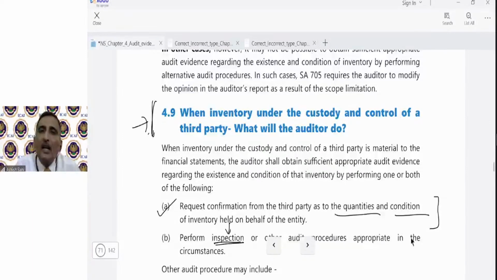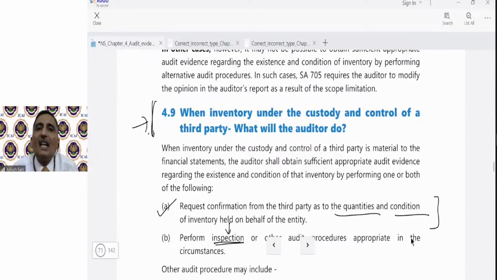He has to evaluate the management's instructions, the plan, the program formulated by the management for carrying out such physical verification, and he has to observe the count process being performed by others. He has to inspect the inventories and he has to test count also. So attendance at the inventory counting process is mandatory, students, unless impracticable.